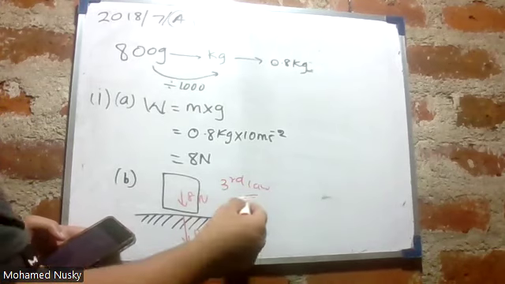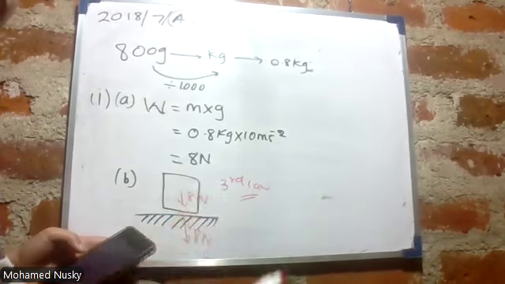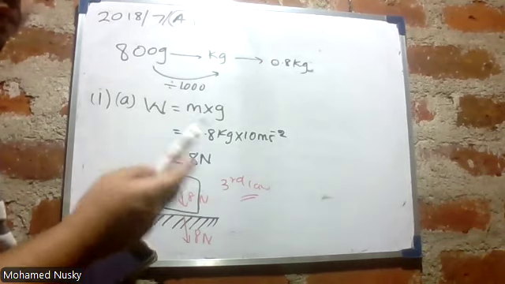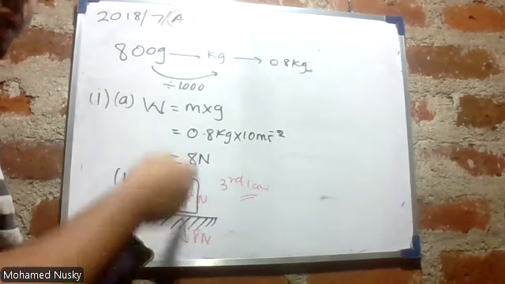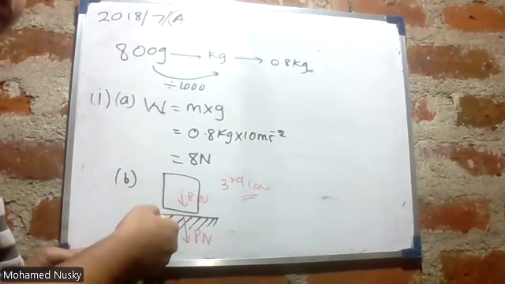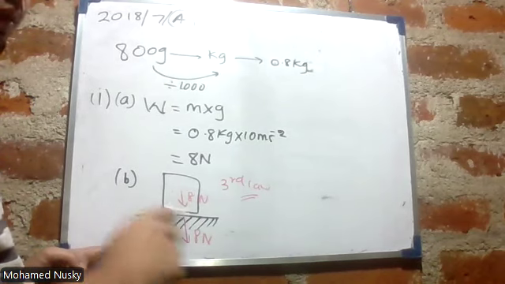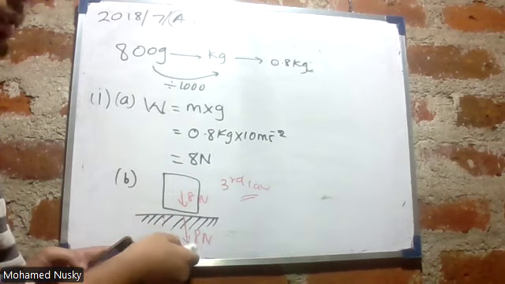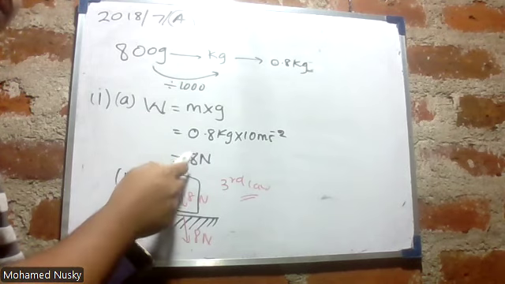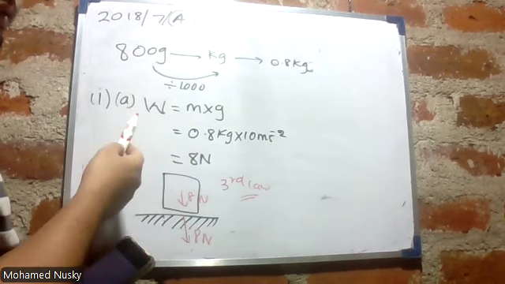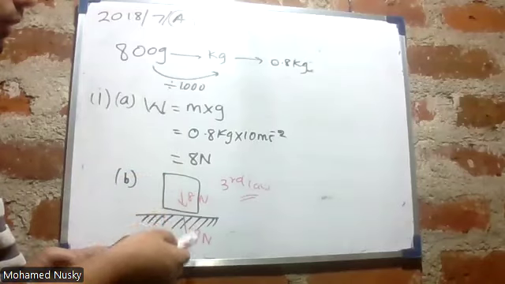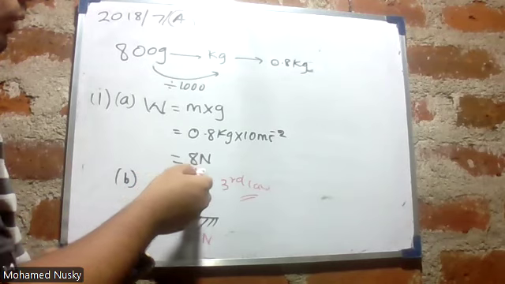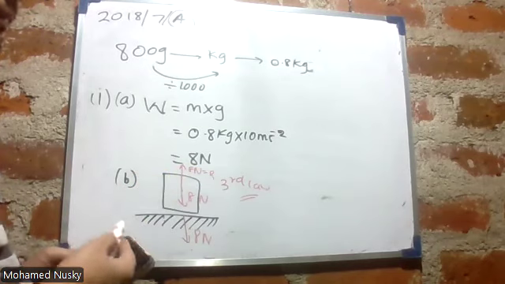Now, according to Newton's third law, every action has an equal and opposite reaction. This block of wood is exerting a force of 8 Newton in the downward direction on the table. This table will exert the same 8 Newton force in the opposite direction, in the upward direction, on the block of wood, that is 8 Newton, and that is equal to perpendicular reaction.